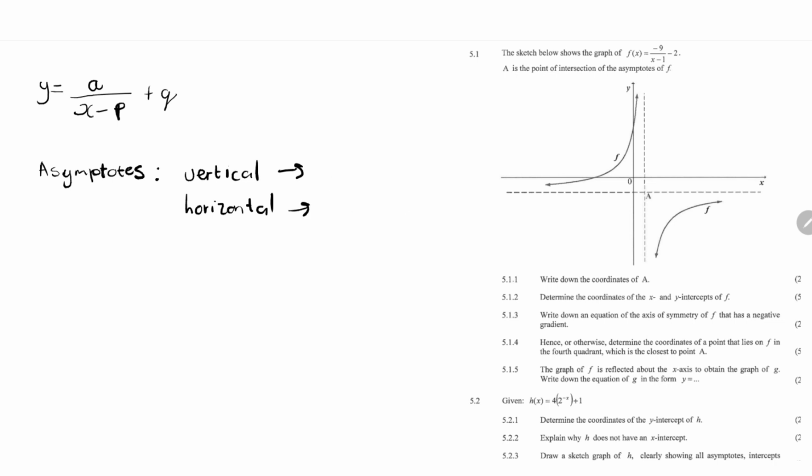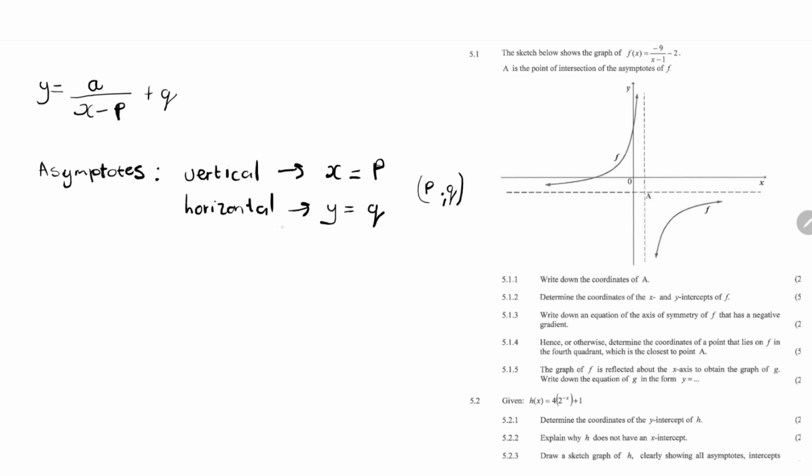We have the vertical asymptote, which will be x equal to p, and the horizontal asymptote, which will be y equal to q. So in this case, that means the point of intersection will be p comma q.